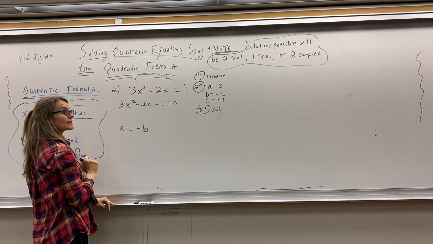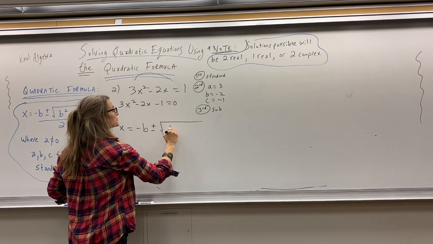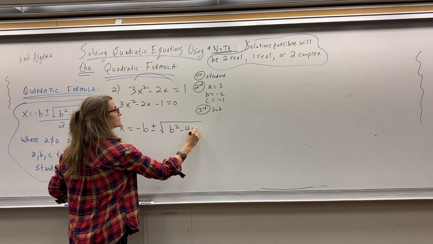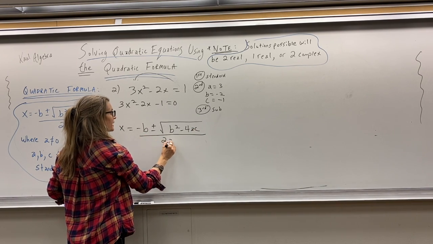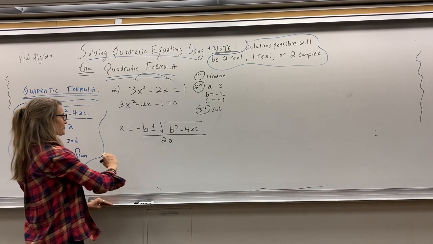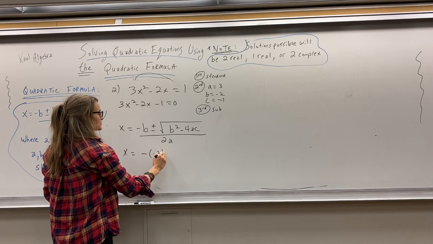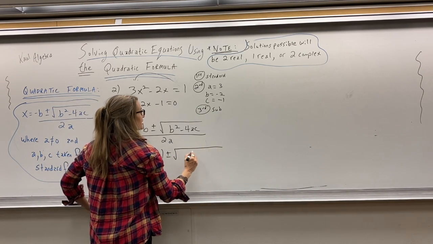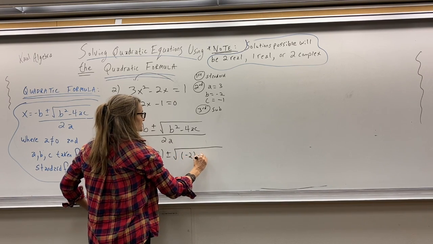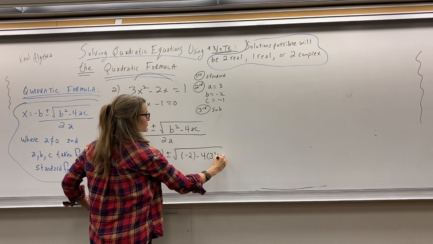Once I've identified A, B, and C, then I carefully want to put it in this: x equals minus b plus or minus the square root of b squared minus 4ac over 2a. If you recite that enough times, you'll probably have it ingrained in your brain. So here we have x equals negative 2 plus or minus negative 2 squared minus 4 times 3 times negative 1.